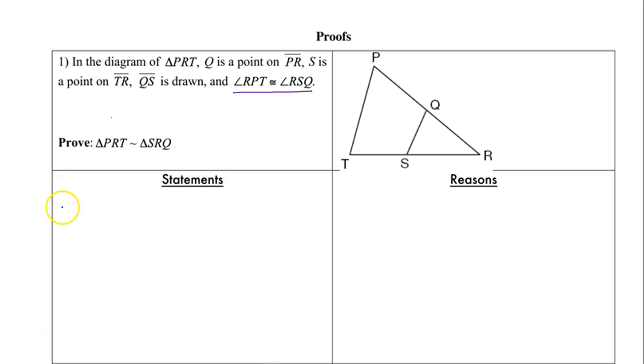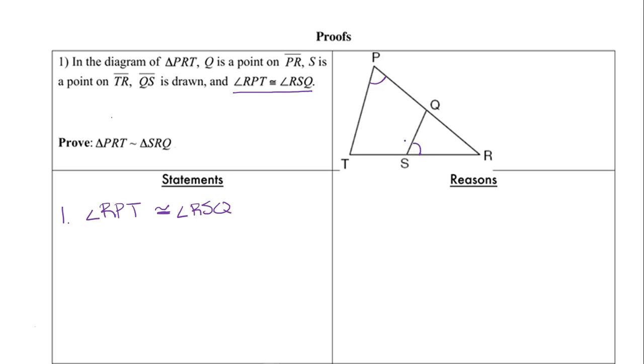So as statement 1, write down that angle RPT is congruent to angle RSQ. Let's identify which angles those are. Right here is angle RPT, and right here is angle RSQ.